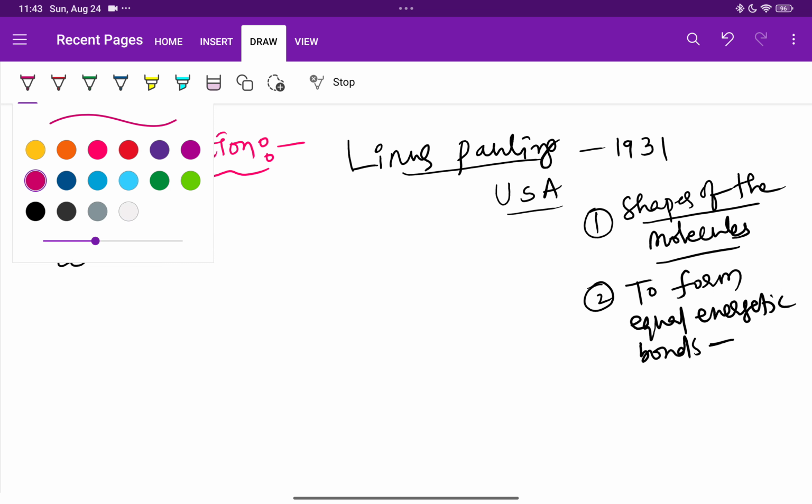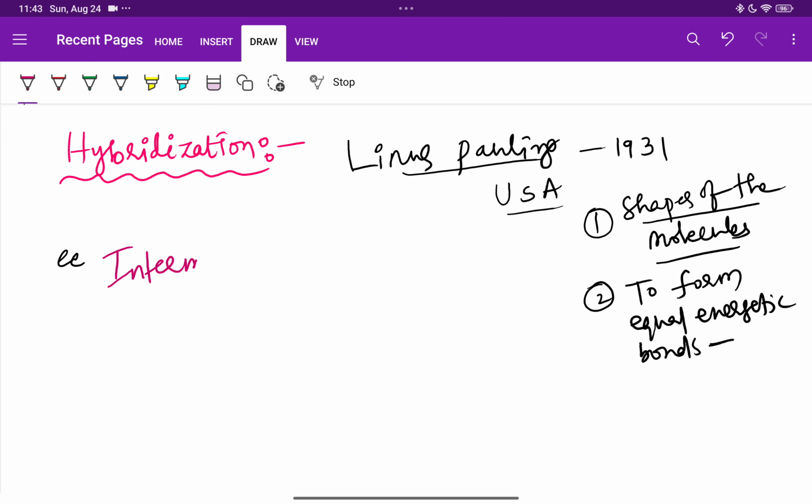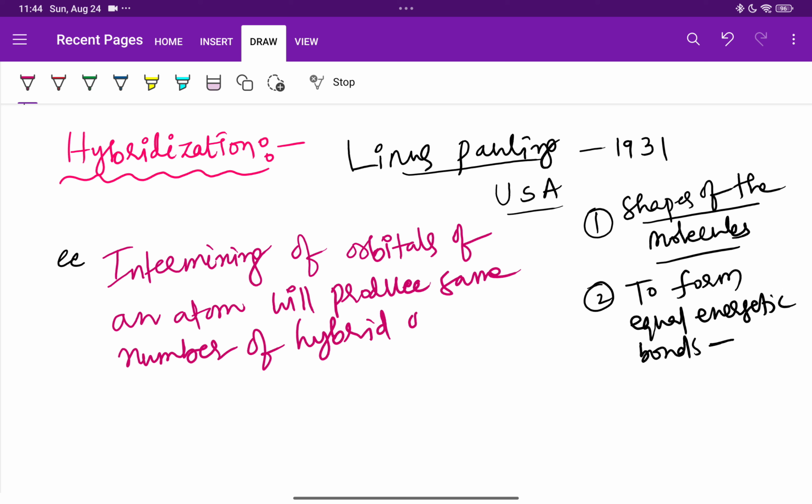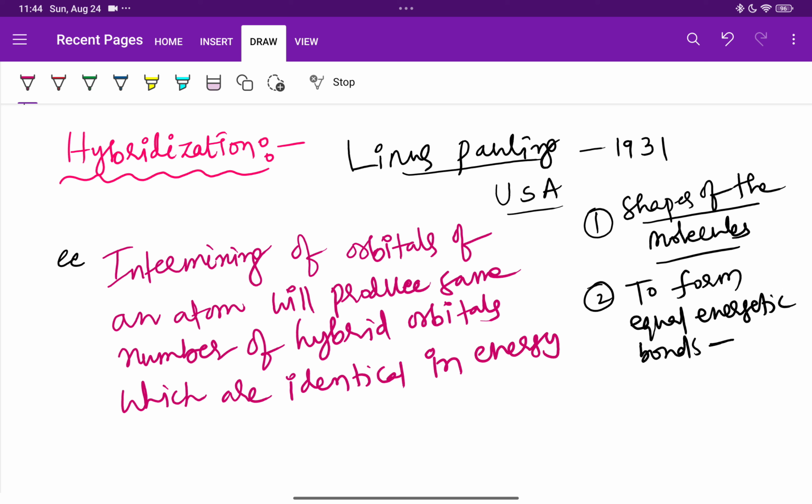So here I am going to write: intermixing of orbitals of an atom will produce the same number of hybrid orbitals, which are identical in energy and shape.